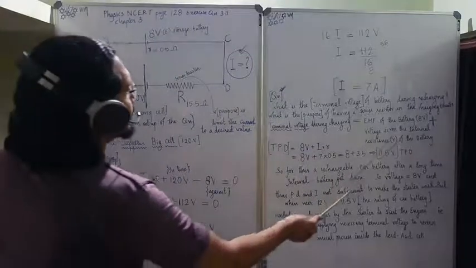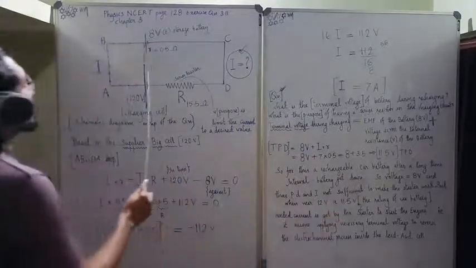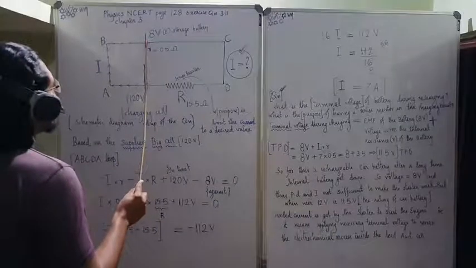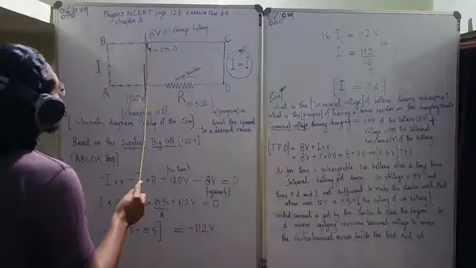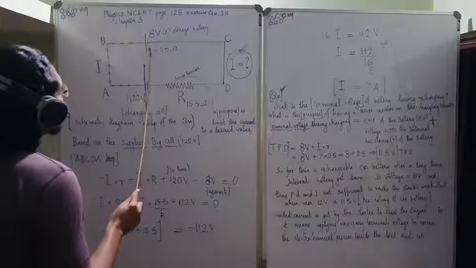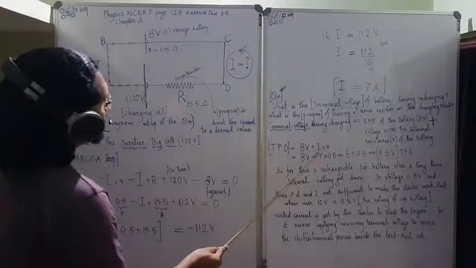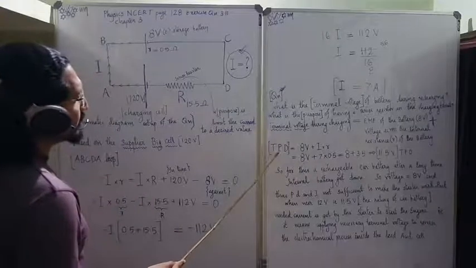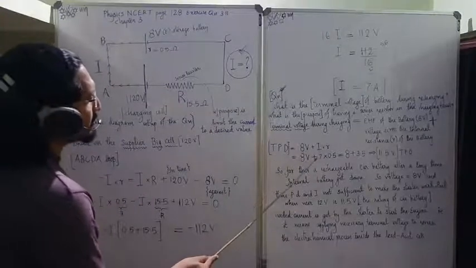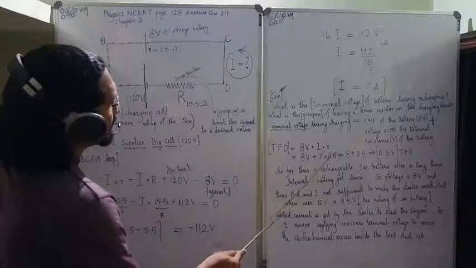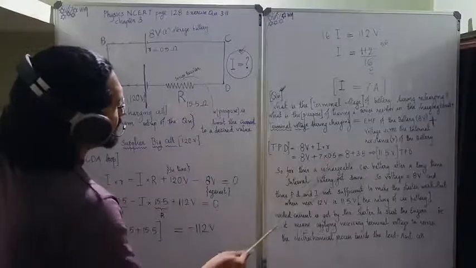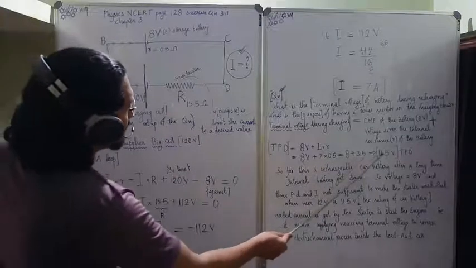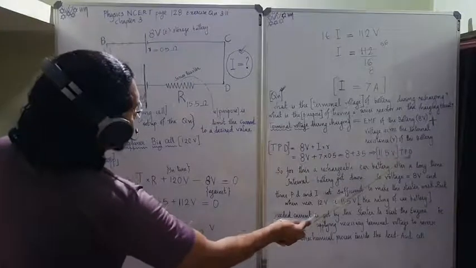Plus the voltage across the internal resistance of the battery, which also has a potential difference. It encounters a small resistance r, and the current passing through is 7 ampere. So the terminal potential difference is 8 volt plus 7 times 0.5. The half of 7 is 3.5. 8 plus 3.5 is 11.5 volt. That is the terminal potential difference.